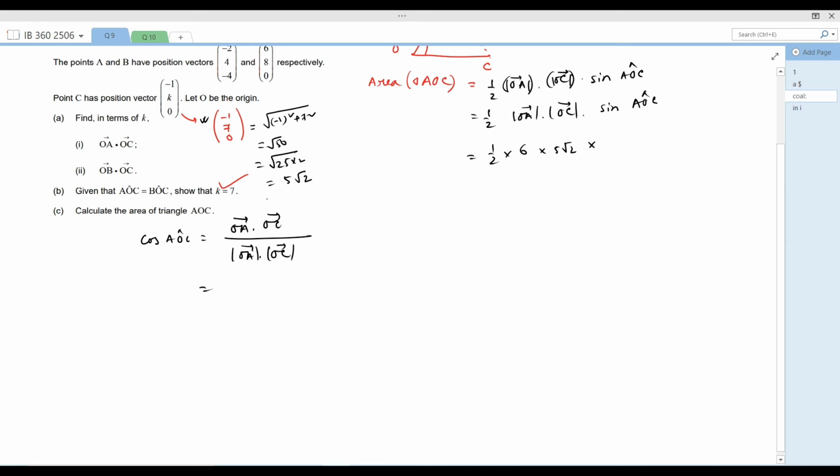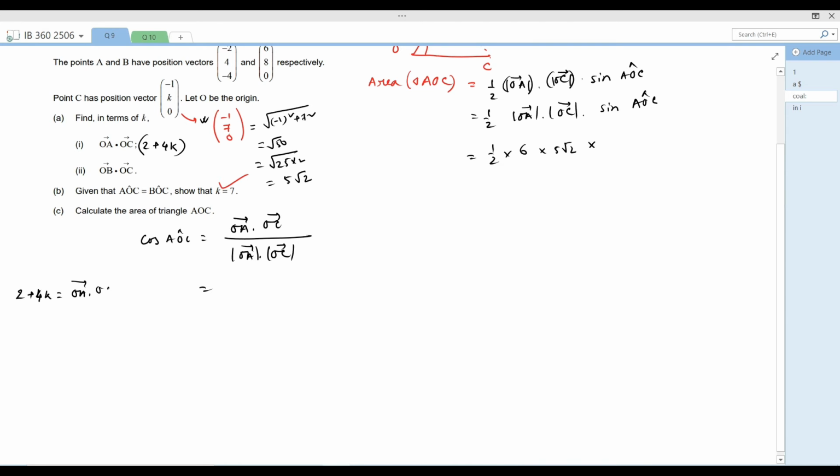Previously we calculated OA dot OC to be 2 plus 4k; I am writing that part here, 2 plus 4k equals OA dot OC.